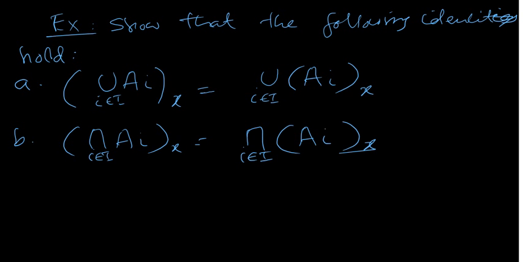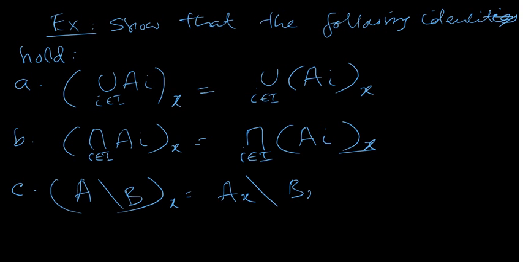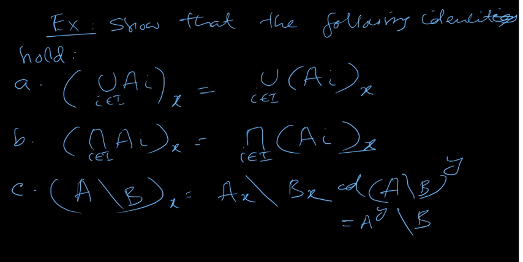Now similarly, we have for the y section union and intersection, replacing these x sections by y sections. So we have two more statements, and finally we have the difference, which is equal to Ax minus Bx, and the same is true for the y section, which is equal to Ay minus By.